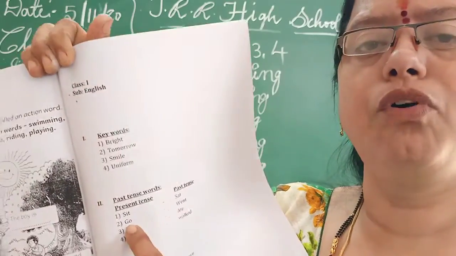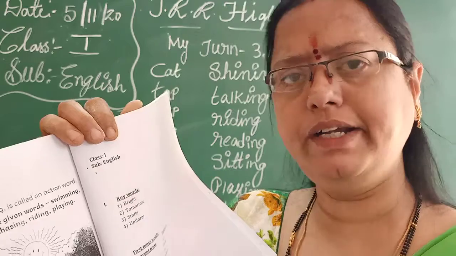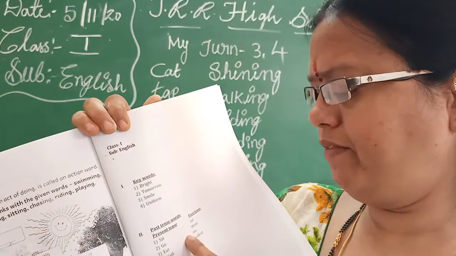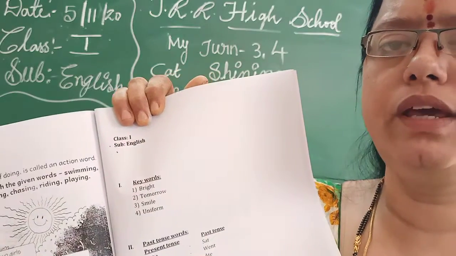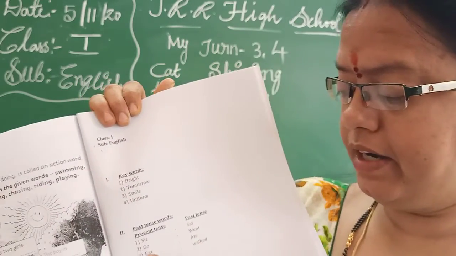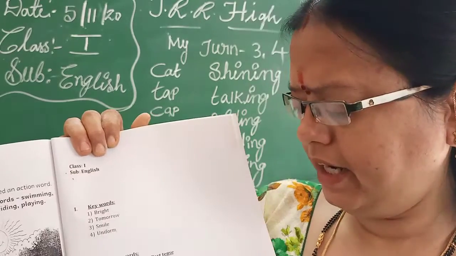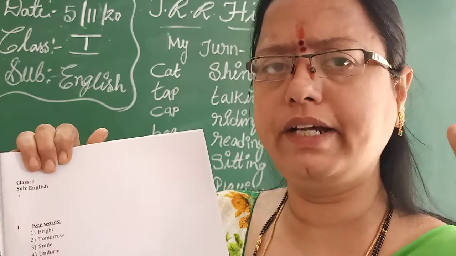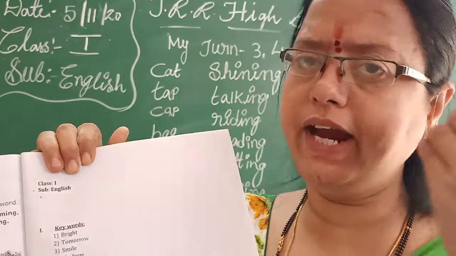Go, G-O, go. Went, already they went. అంటే వెళ్ళిపోయాడు. Went అంటే వెళ్ళిపోయాడు. W-E-N-T, went. Third one, eat. E-A-T, eat. Ate, already ate, తినేసాడు. He ate, already he ate, తినేసాడు.